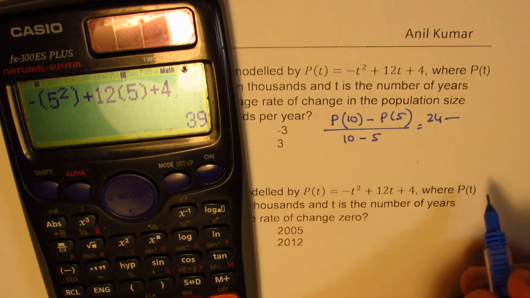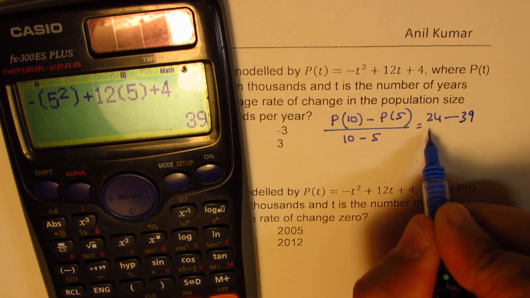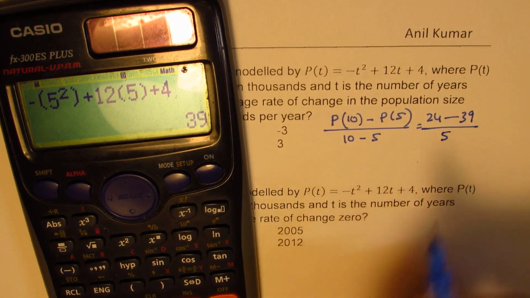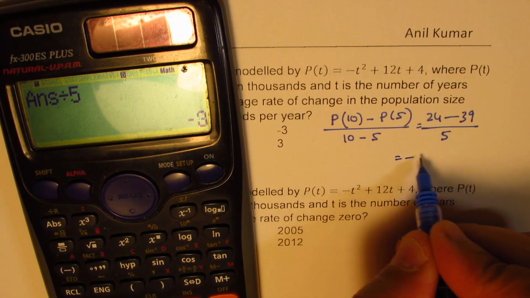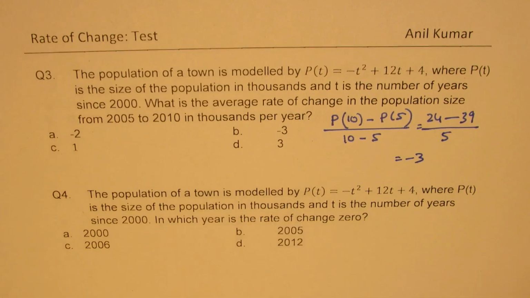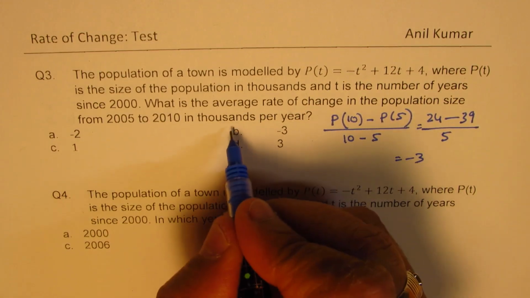And that is equal to 39. Divide by 5. So when you do 24 minus 39 and then divide by 5, you get a value which is minus 3. So the answer is minus 3, which is our option B.